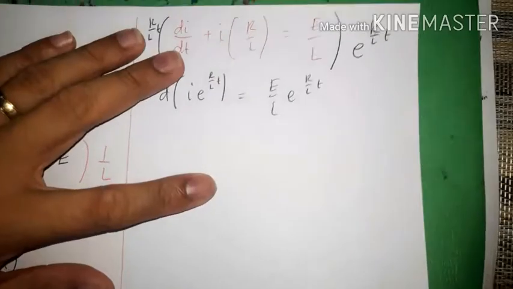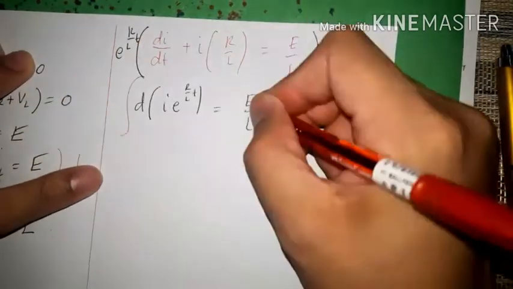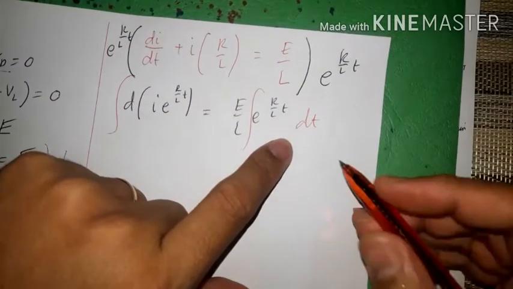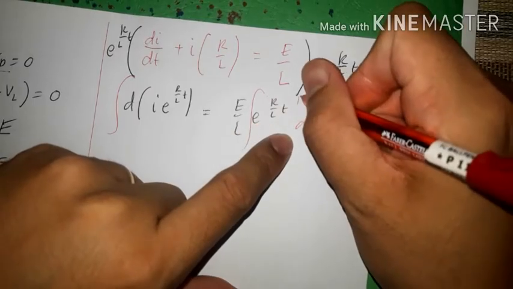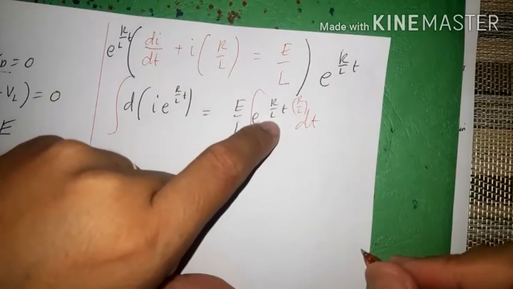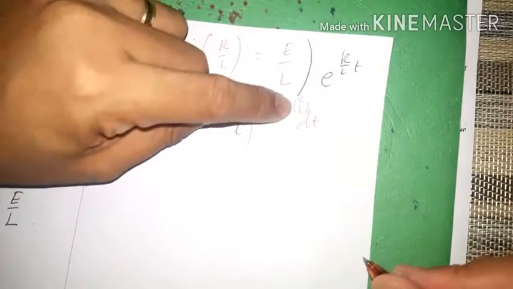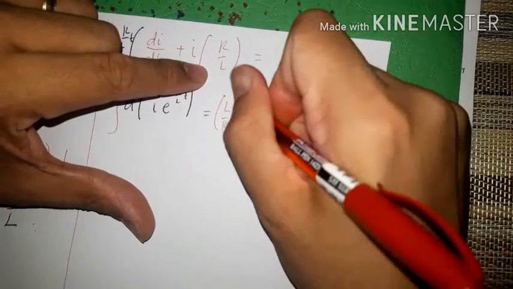So now, if I am going to integrate both sides with respect to t, I need to provide here R over L to satisfy my u, because the derivative of R over L t is R over L dt. Since I provided R over L, I need to provide L over R outside to compensate.